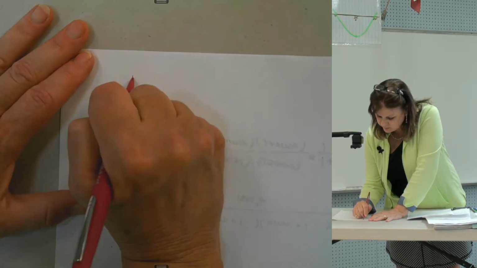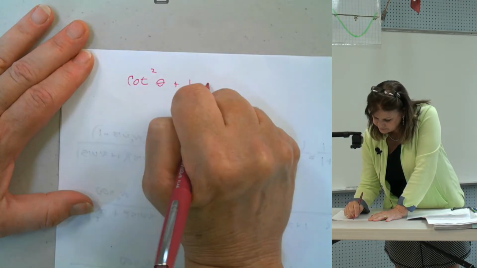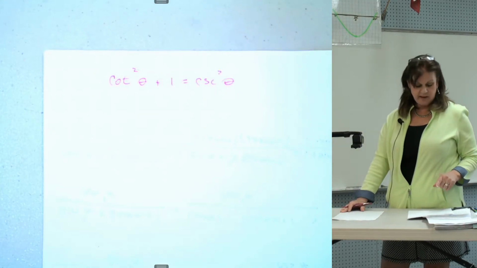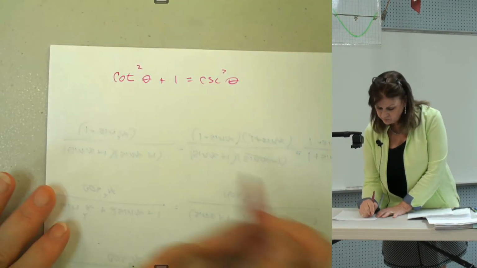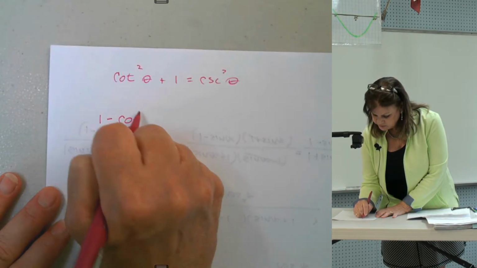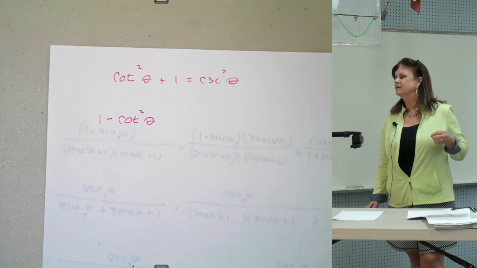Okay, so before I jump into this one, I'm going to ask you, of course, we're working with the third variation of the granddaddy equation. And you have in the problem 1 minus cotangent squared theta. So can I replace that with cosecant squared theta?